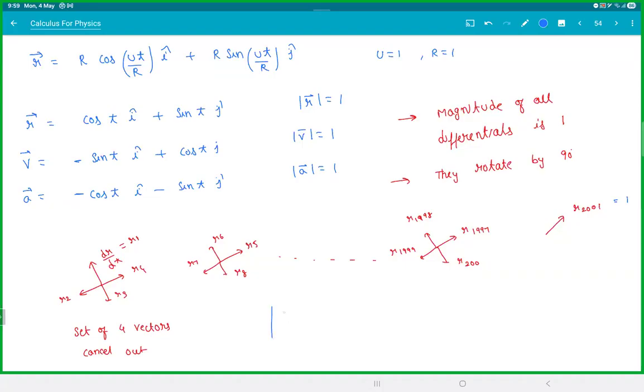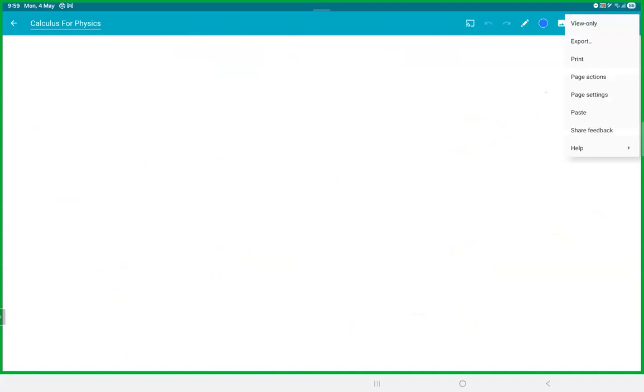So when you did all that sum, dr by dt plus d square r by dt square, and so on, you are just left with d 2001 r by dt 2001, which is as good as 1 vector whose magnitude is 1. All clear with this?